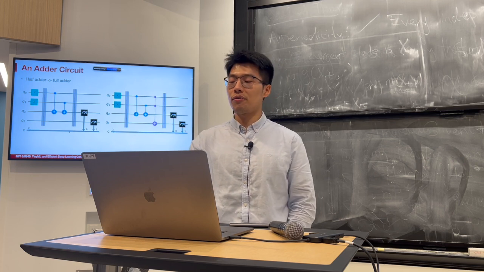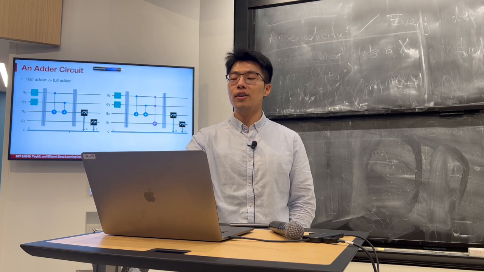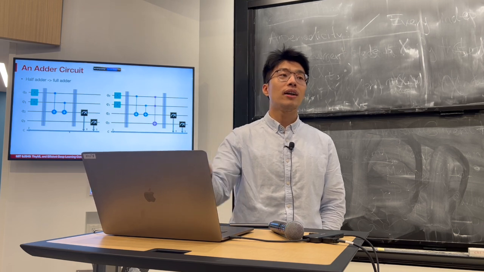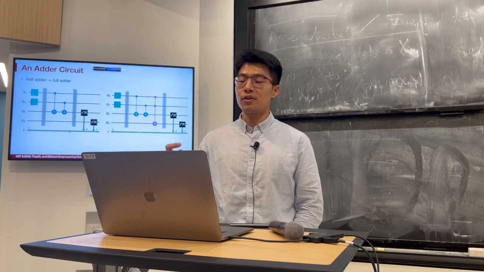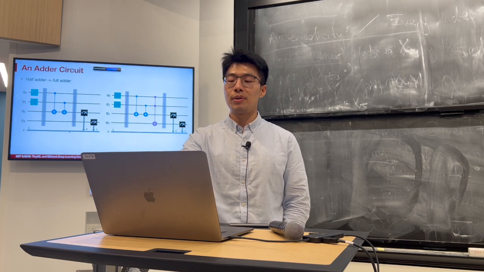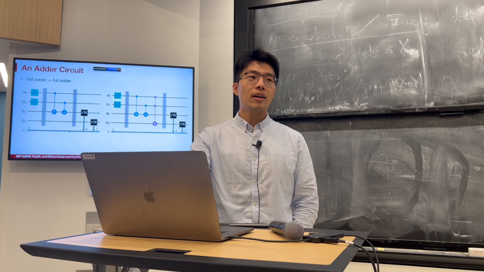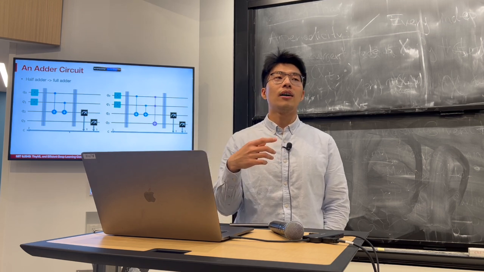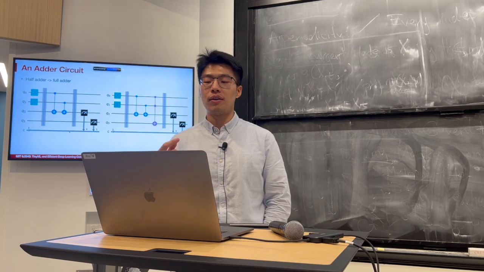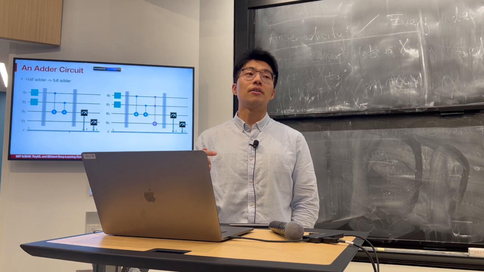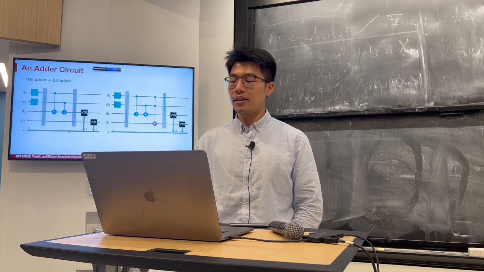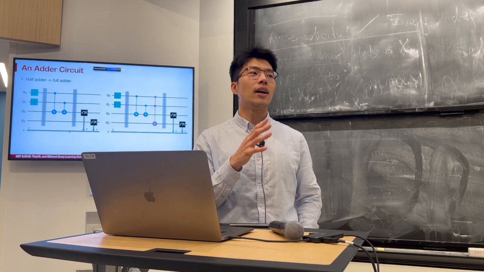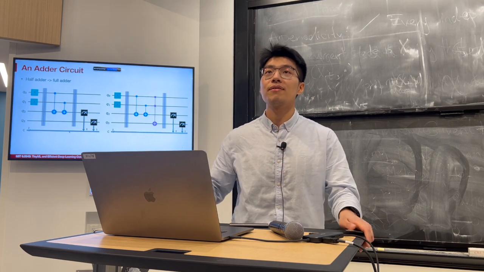So for example, if either of the Q0 or Q1 is a 1, then we know the carry bit should also be 1. In that case, we can obtain this number on Q3. But if all of the Q0 or the Q1 are 0, then we don't have to perform any flip on the Q3. So in that case, we can see the basic operation.